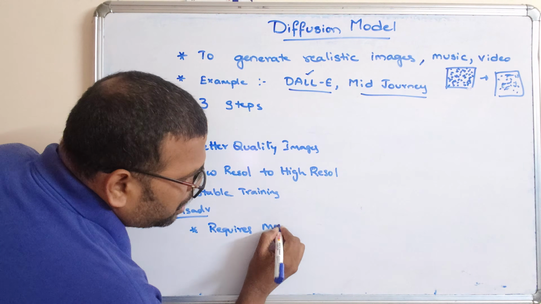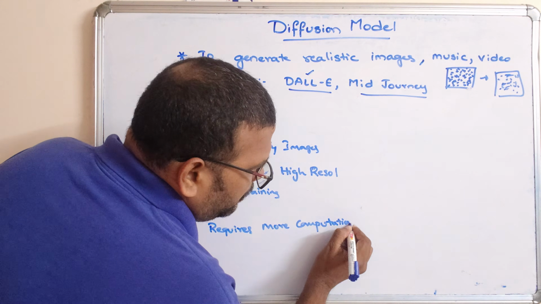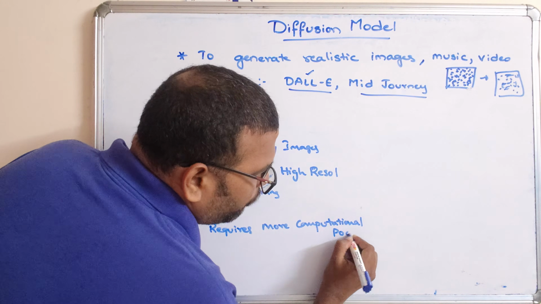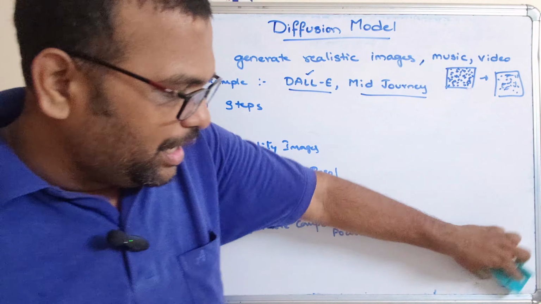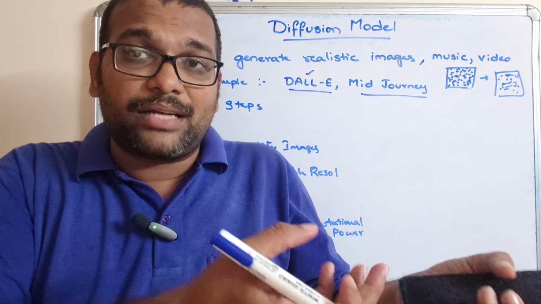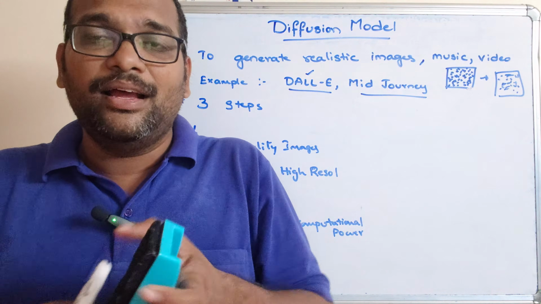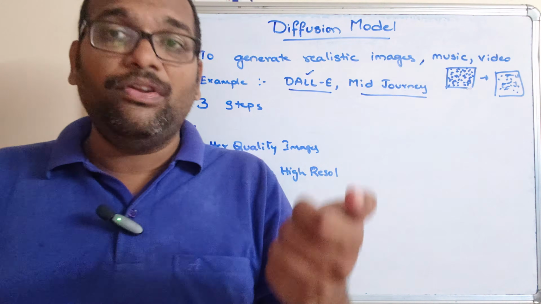It requires more computational power. Why we are saying this: we are discussing this in a theoretical way, it will start adding the noise and start removing the noise. Here the noise is Gaussian noise, which is a mathematical formula that will be applied.